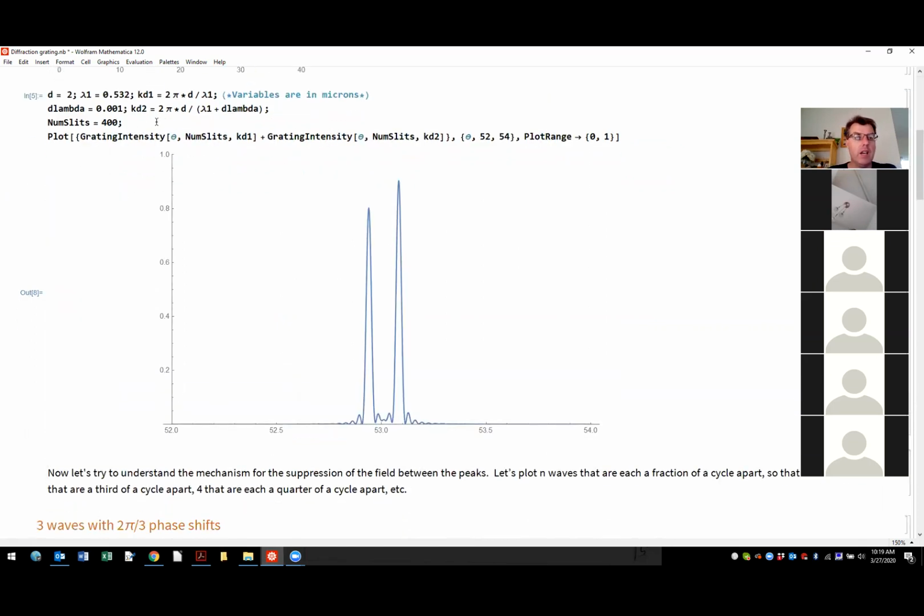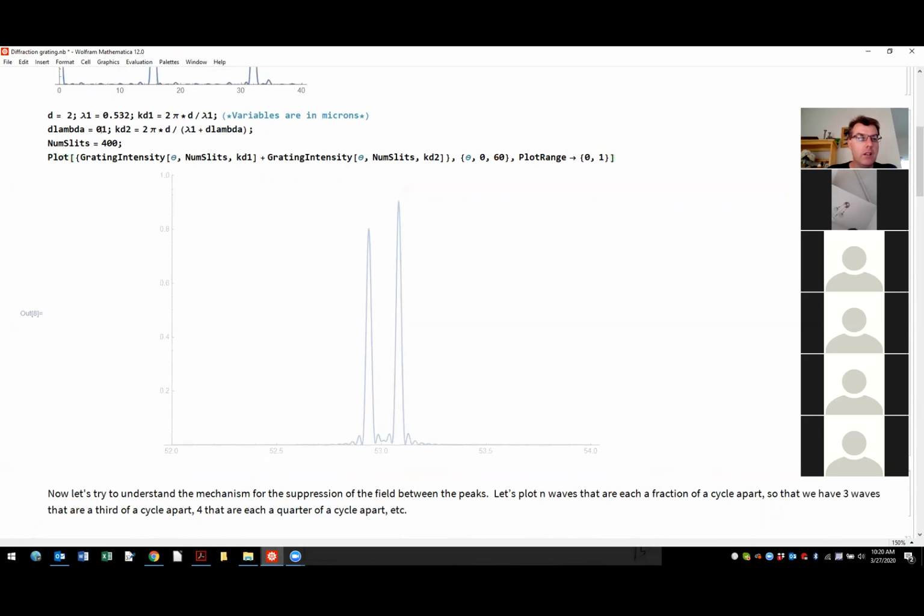Here, let's make this concrete. All right, so here we've got a situation. I'm going to zoom out. I'm going to make d lambda 1 nanometer, okay? And I've done 400 slits, so it's going to take a while for Mathematica to compute all of this.